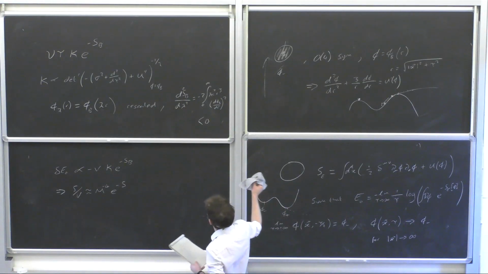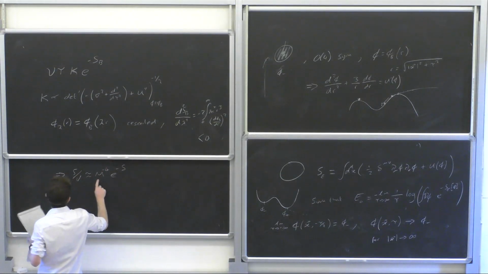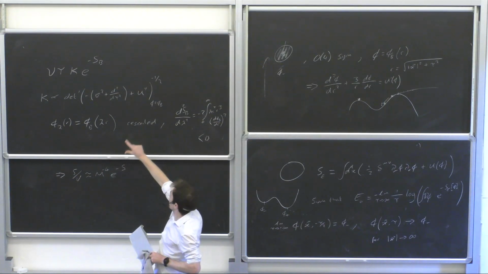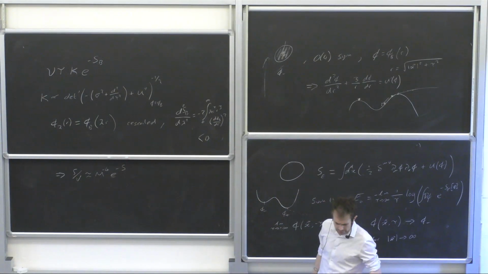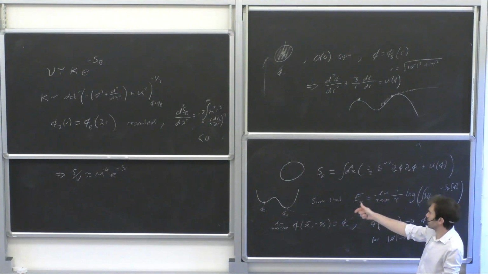Let me maybe leave that up and just write. Here, this capital M is just something coming from this complicated evaluation of the fluctuation determinant. Let me say that M is the typical mass scale in my theory.